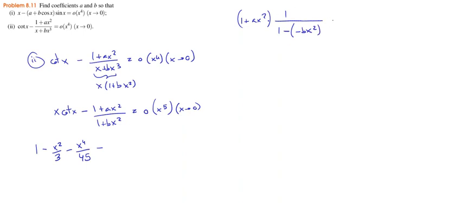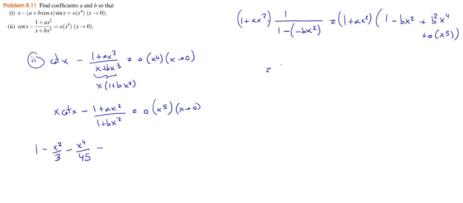And we know how to express this thing, because this is 1 plus ax squared, and this is 1 minus bx squared plus b squared x to the fourth, and then the rest is small o of x to the 5, right, because the next term in this geometric sum is b cubed x to the 6th, right? So now we can expand this.